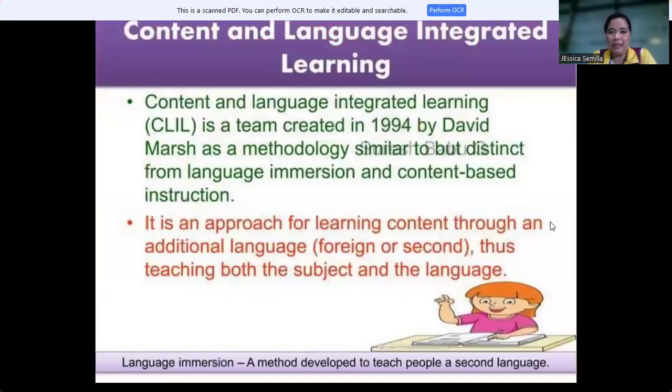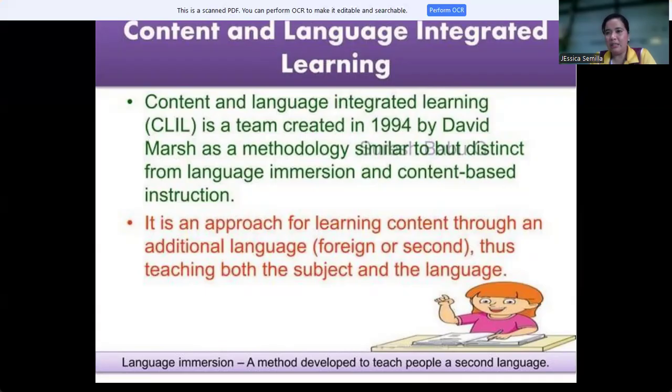So when we talk about content and language integrated learning, this is basically derived from the theories of David Marsh in 1994. Basically, this is looking into language immersion and content-based instruction. So what's the difference of CBI to CLIL?